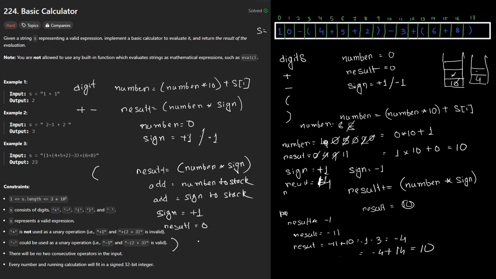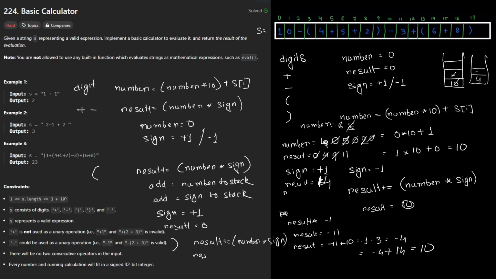In case it's a closing bracket, what we're going to do is first have the result plus equal to whatever number you're currently holding, so number multiplied by sign. Then we are going to pop the element. Whenever we are popping, it would always be the sign first.